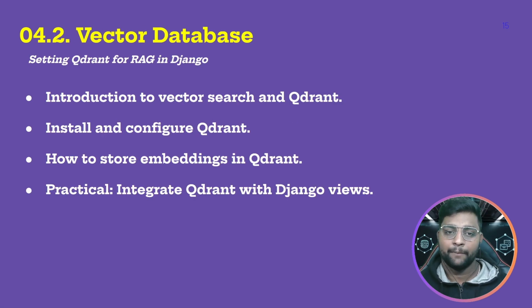After that, vector database. In this particular project, we are going to use a vector database called Qdrant. For those who don't know what Qdrant is, Qdrant is also a vector database like Pinecone, and you have many vector databases right now, ChromaDB, FAISS, and I guess Milvus.